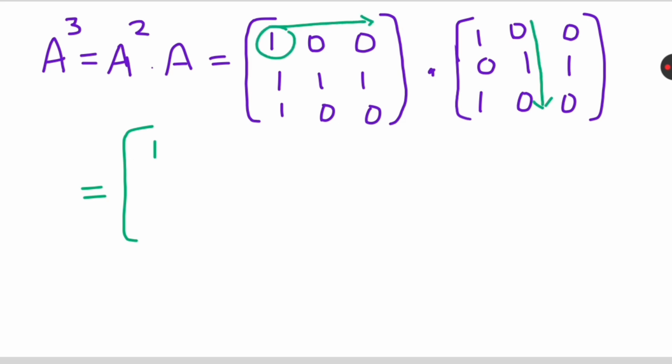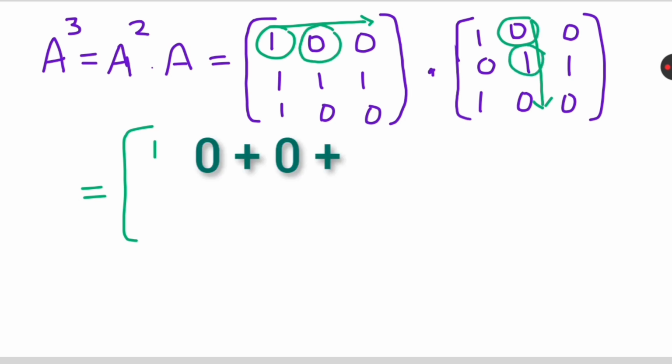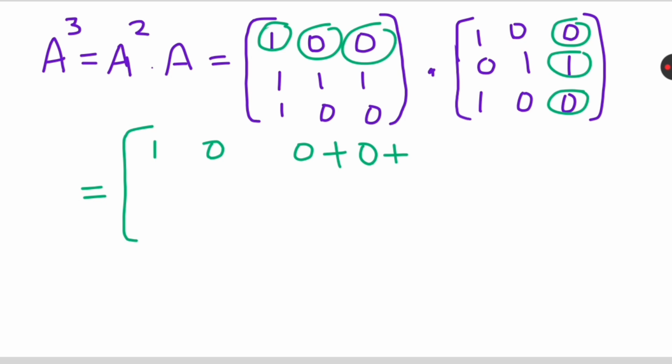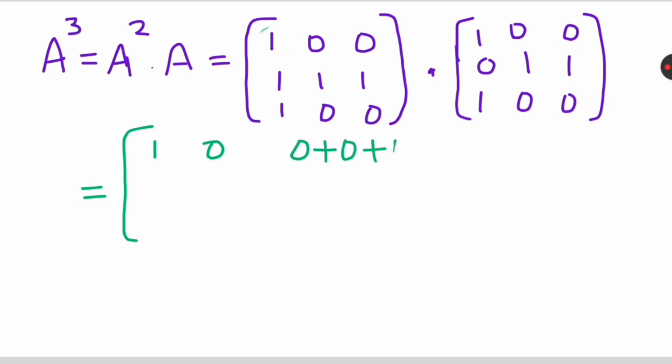So 1 times 0 is 0, plus 0 times 1 is 0, plus 0 times 0, which is 0. All we are getting 0. Now we have to do first row with the last column. 1 times 0, that is 0. 0 times 1, that is also 0, plus 0 times 0, that is also 0. 0 plus 0 plus 0, which gives only 0. So just write only 0 here.